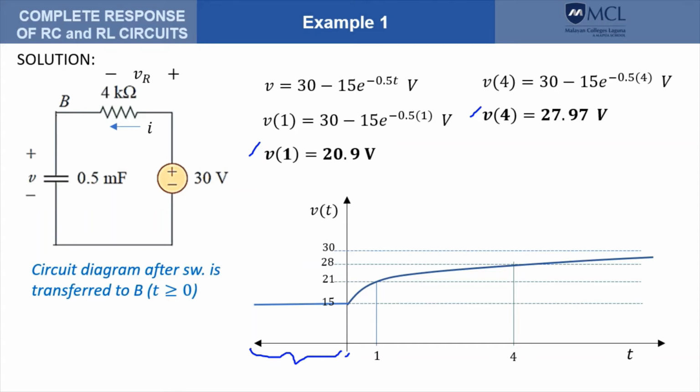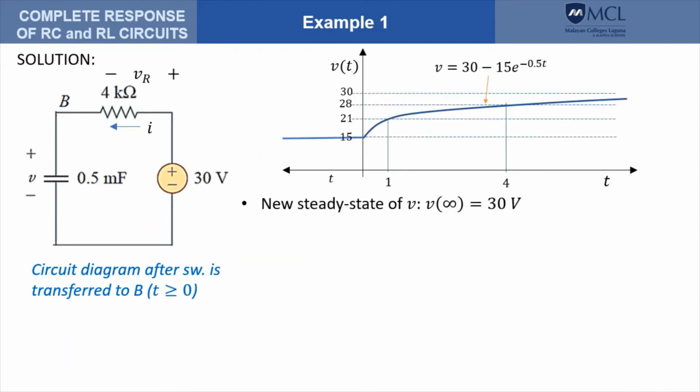We also observe that the voltage is increasing fast initially, and that rate of increase slowly decreases as time increases. So the new steady state for the voltage across the capacitor is 30 volts, so it is written as V at time infinity.